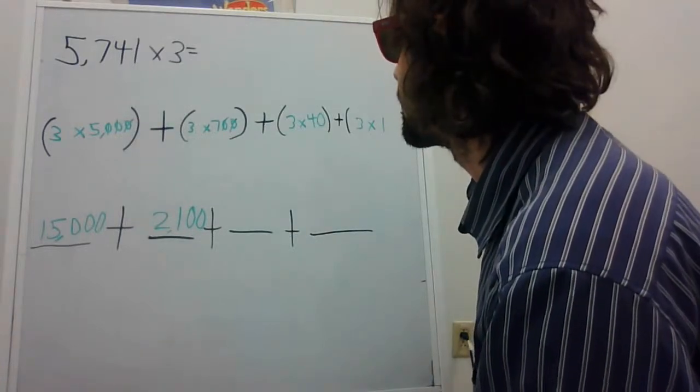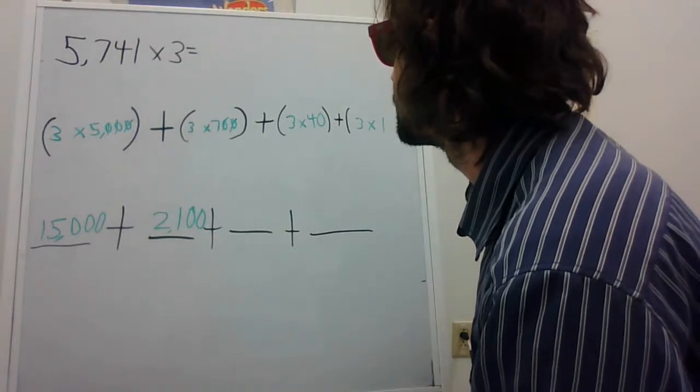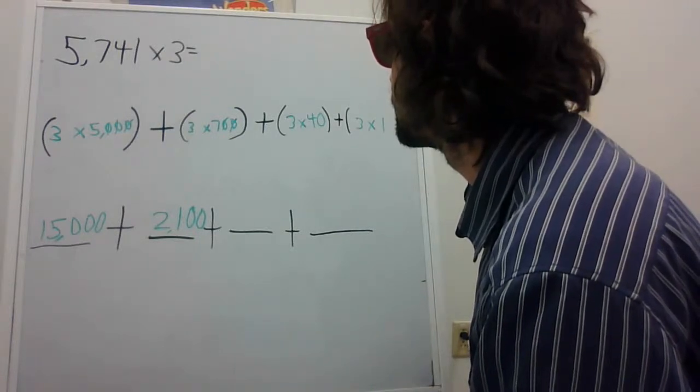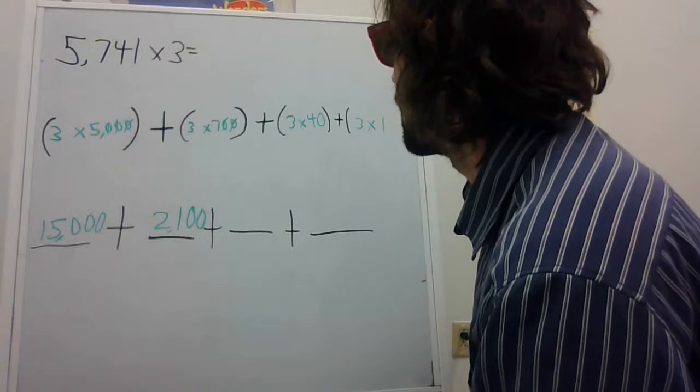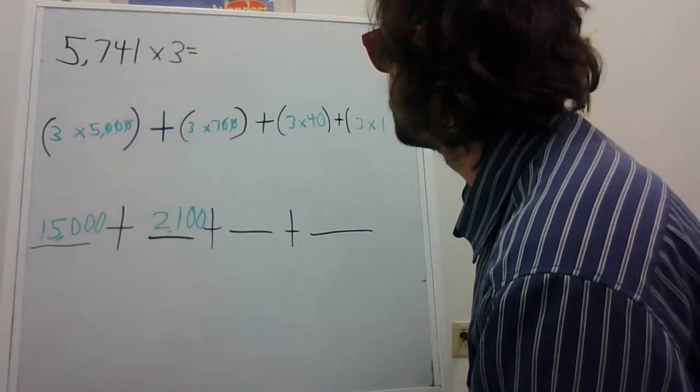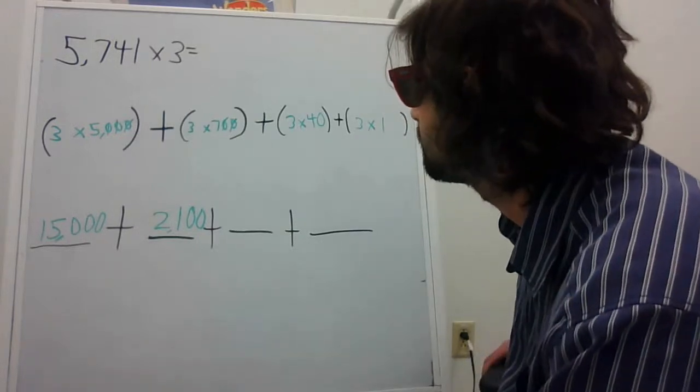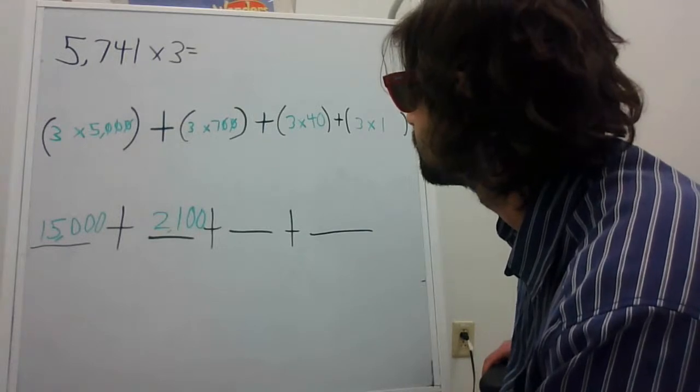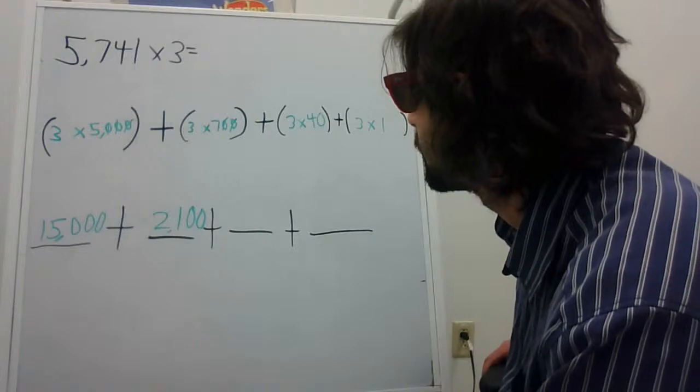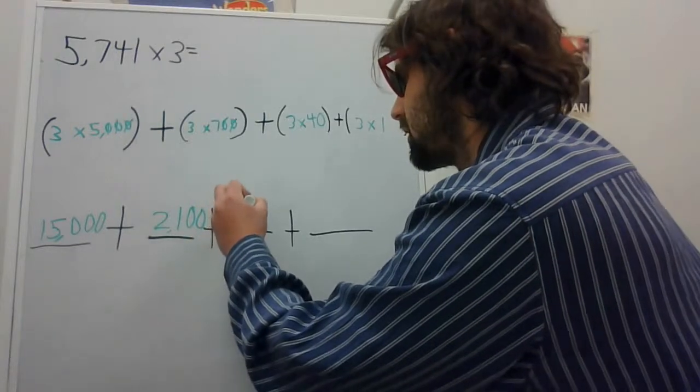Three times 40. Three times 4 equals 12.